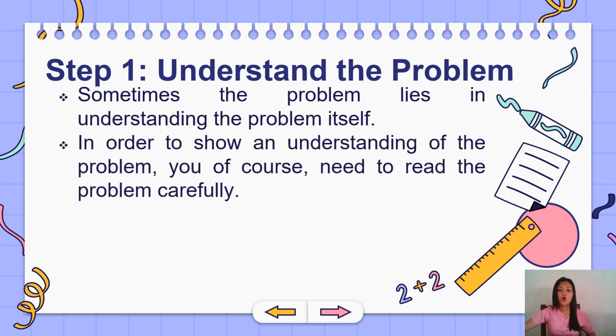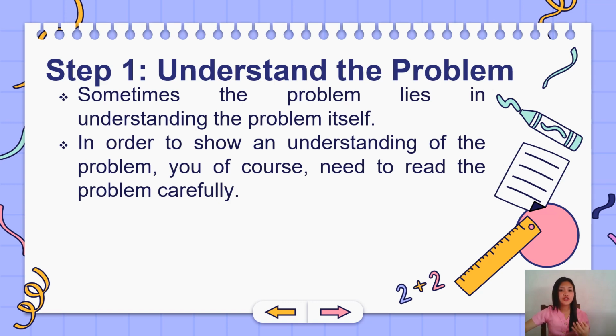In order to show an understanding of the problem, you of course need to read the problem carefully. Sounds simple enough, but sometimes some people jump the gun and try to start solving the problem before they have read the whole problem. This is not the right thing to do.